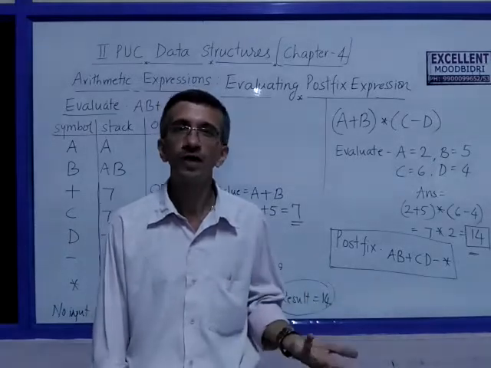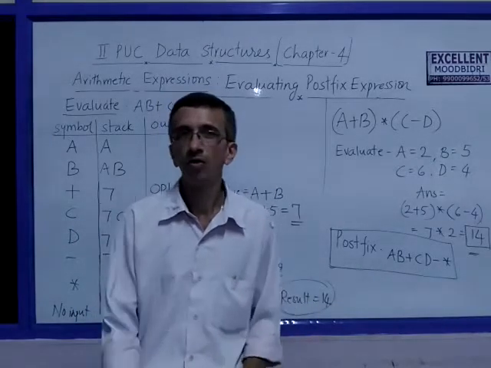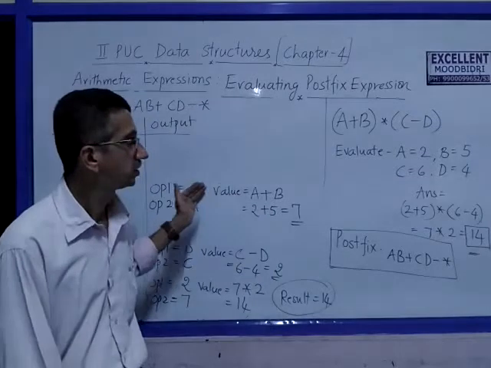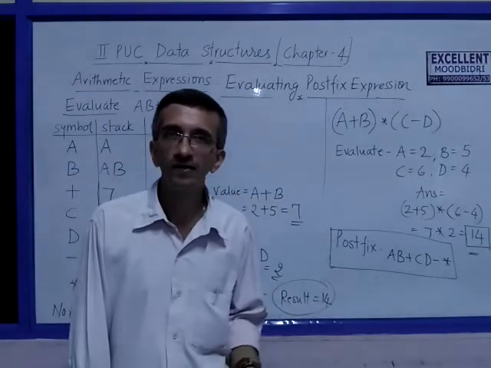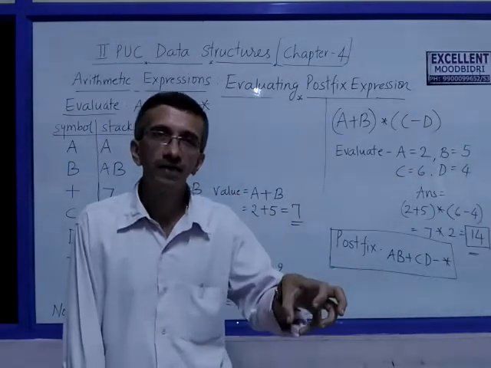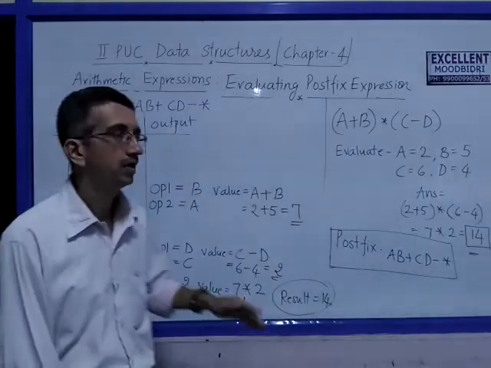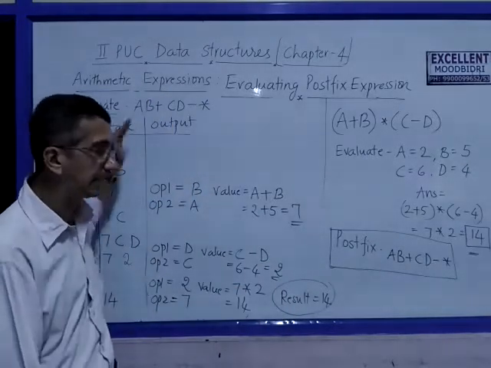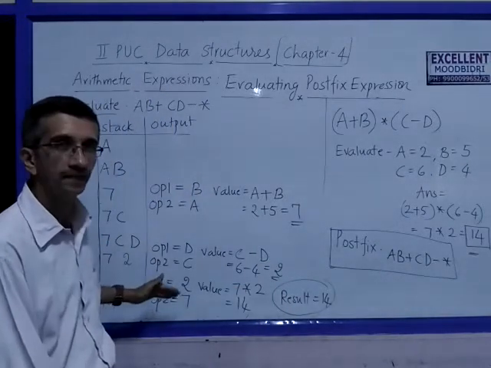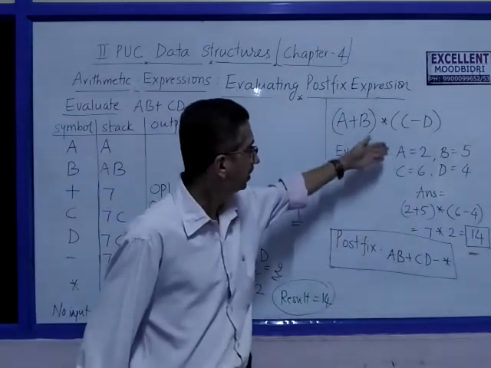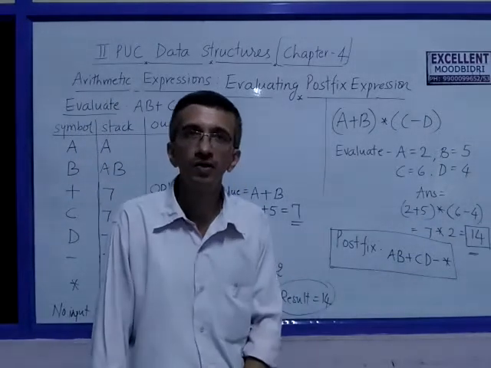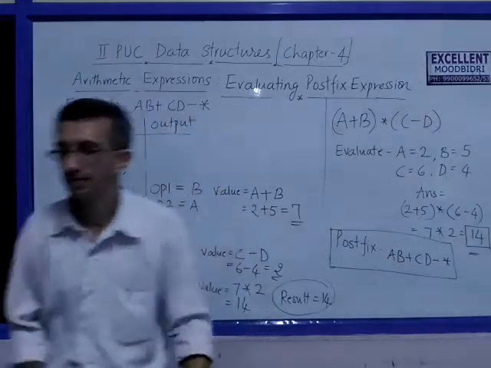If you give a wrong expression, you may get the wrong results. So better first you convert a given infix into postfix, and that available expression you evaluate using this algorithm, following the steps accordingly, and you can evaluate by giving some appropriate values to the operands. Thank you.